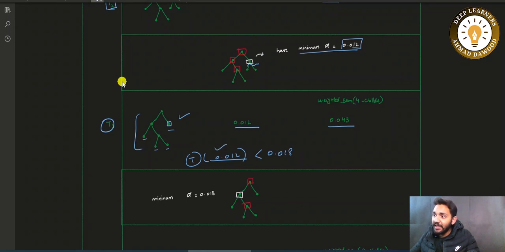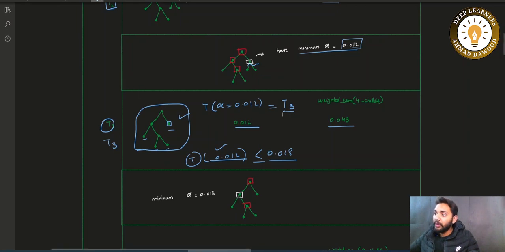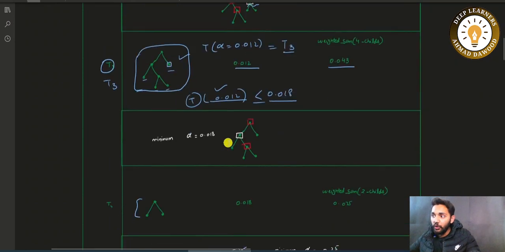And you can see here that 0.012 is less than the minimum value of that particular T3. Okay, so this will be the tree. T3 is, you can say, the tree for alpha value equal to 0.012. If you pass it, you will get T3, because the minimum value of T3 is 0.018, okay, which is greater than your specified value.